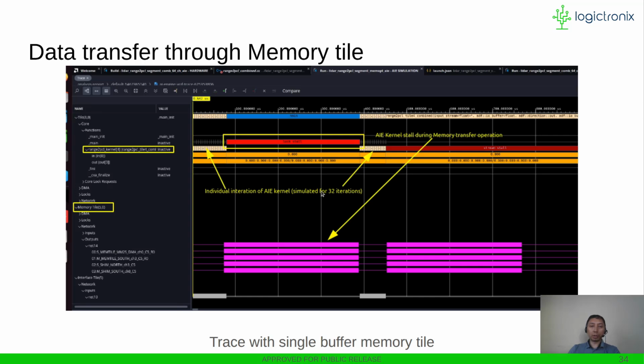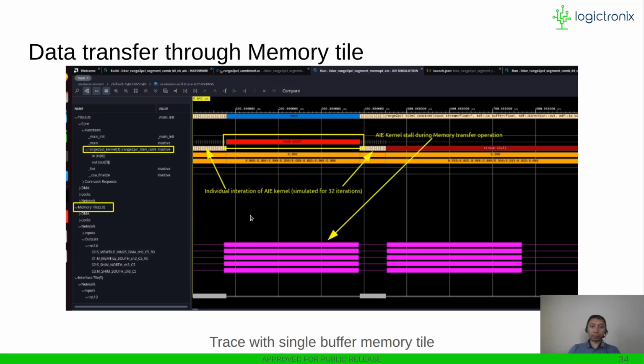Here is an example of how memory tile single buffering and double buffering affect the latency. This is the trace of the range to PCL kernel when we are using a single buffered memory tile. As you can see, we are running for 32 iterations, and for 16 iterations one frame will be completed.